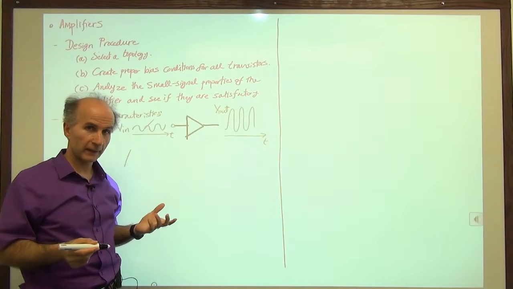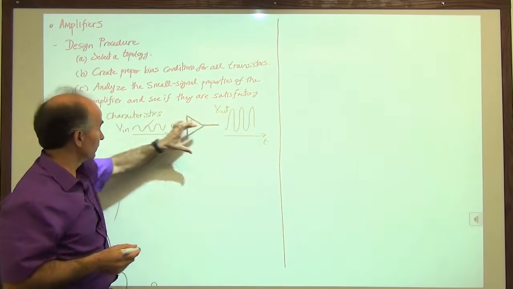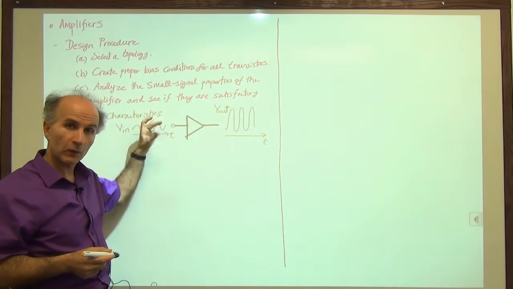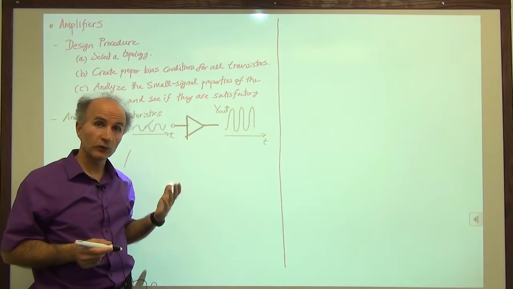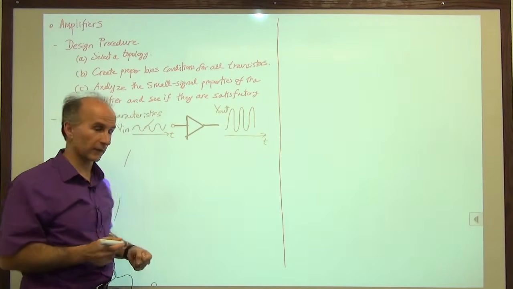So how do we quantify that? Well, we take this swing at the output divided by this swing at the input, and we call that the voltage gain to represent the amplification of the amplifier.